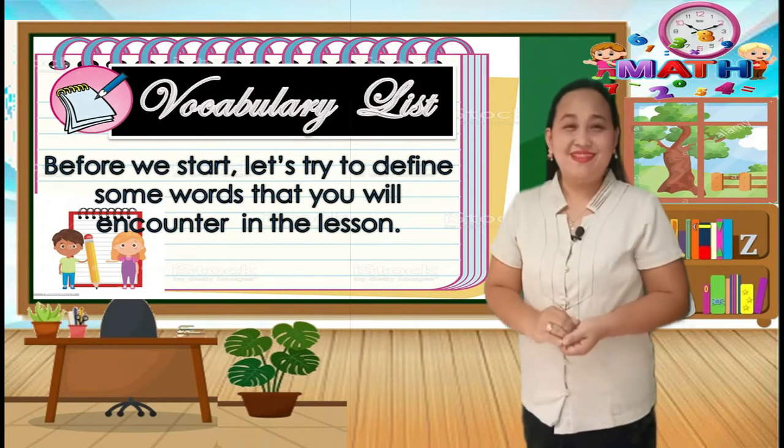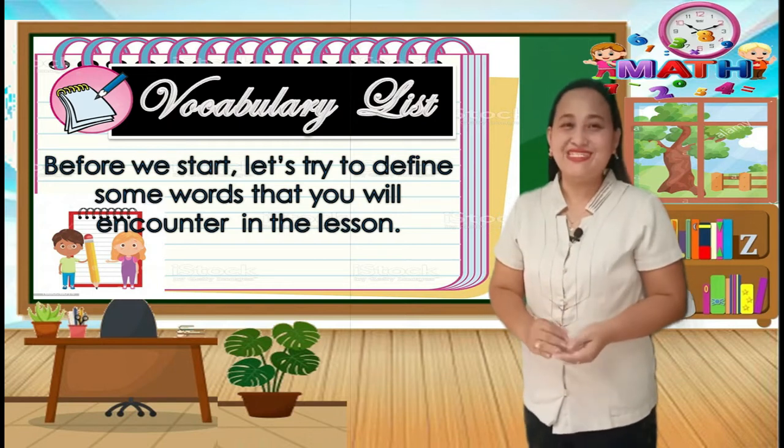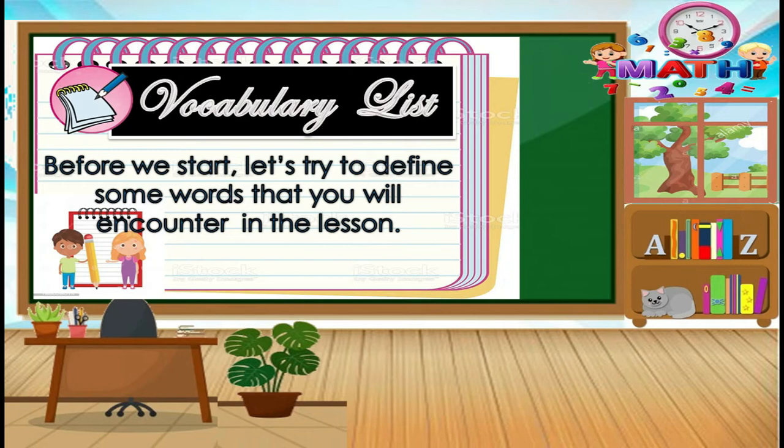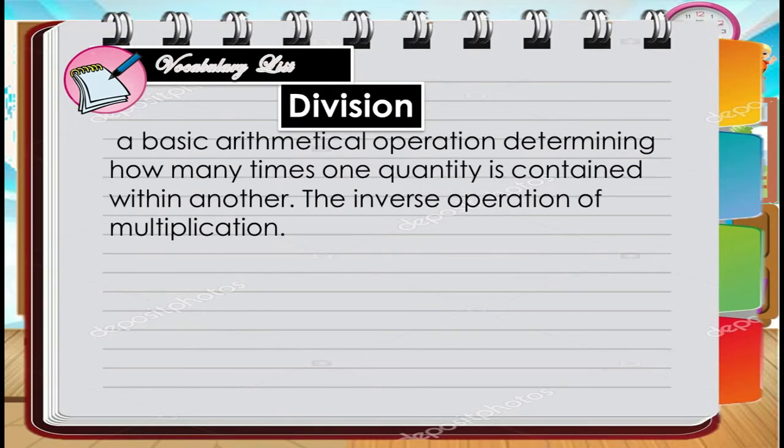Before we start, let us try to define some words that you will encounter in this lesson. Division: a basic arithmetic operation determining how many times one quantity is contained within another.